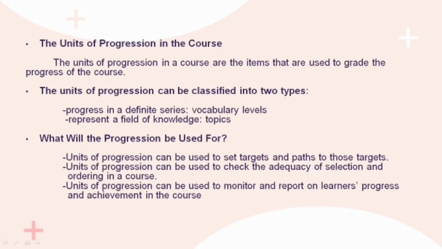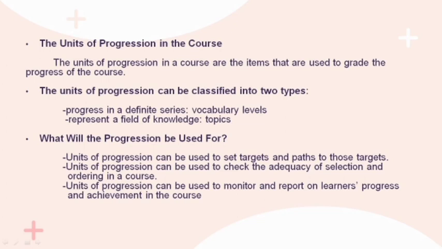What will the progression be used for? So far, we have looked at designing a course as the aim for deciding on the units of progression in a course. However, units of progression can be used for a variety of purposes.